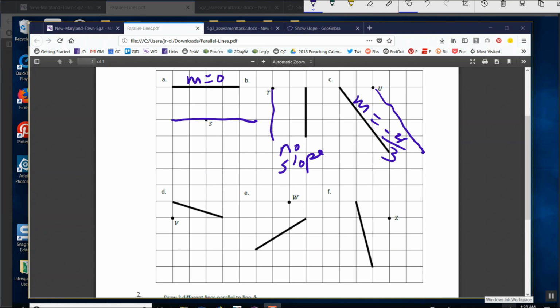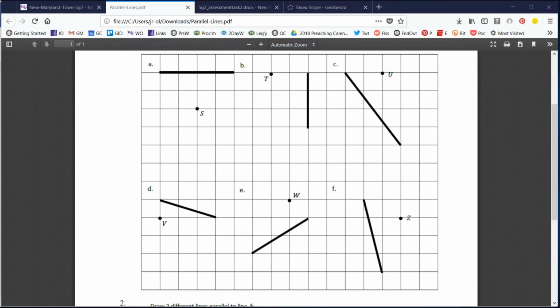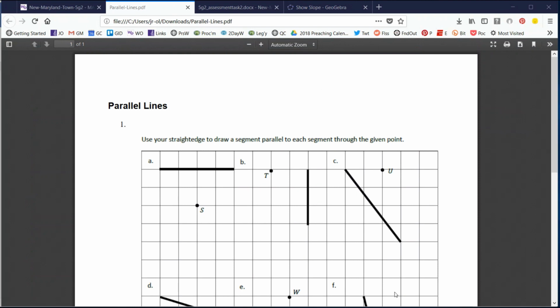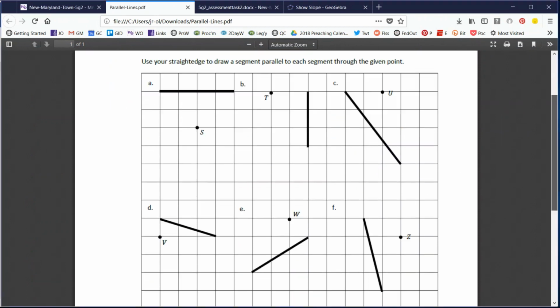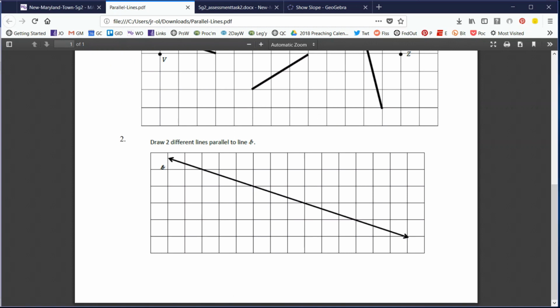It has a slope of negative 1/3. Slope here is negative 1/3. Maybe we can have someone finish this worksheet and post it in our discussion area.